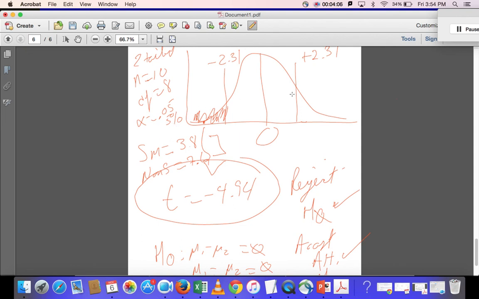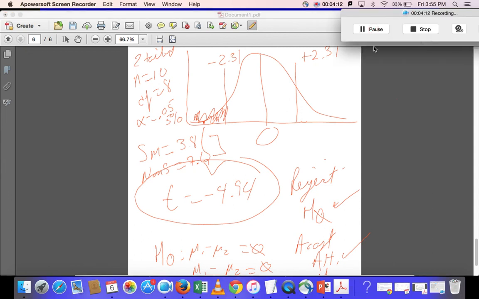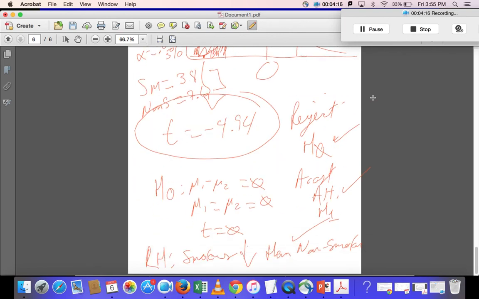We've now identified that there is a significant difference between the two, and we are able to conclude that we were correct in our prediction that smokers would perform worse on the exam than non-smokers. Now, this seems like a very, very long process to answer our question of whether smoking has an effect on exam performance.